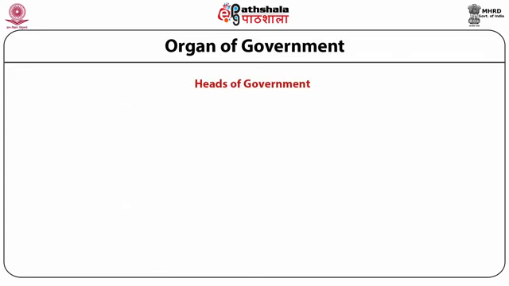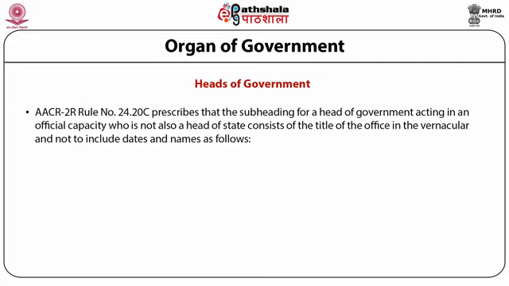Heads of government. AACR2R rule number 24.20C prescribes that the subheading for a head of government acting in an official capacity who is not also a head of the state consists of the title of the office in the vernacular, not including dates and names, as follows: United Kingdom. Prime Minister.